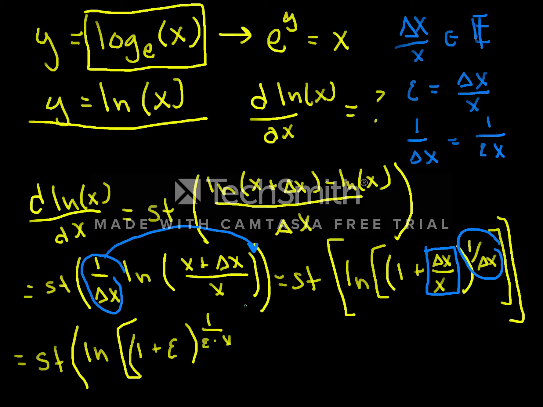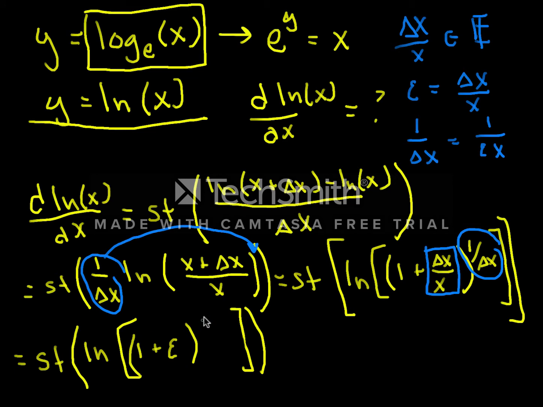What's really great here, you may not see it right off the bat, is this expression, 1 over epsilon times x. Let me rewrite it in a way that shows something more clearly. Fractions, this is just multiplication in the denominator, so I can rewrite it. I'm not changing it, I didn't make a mistake.